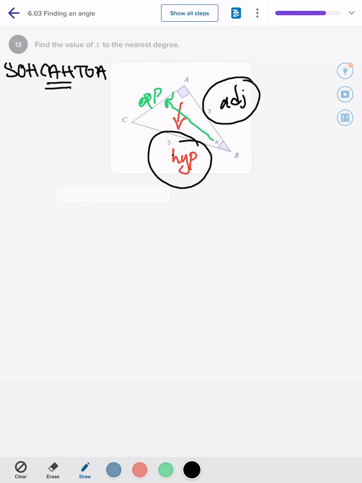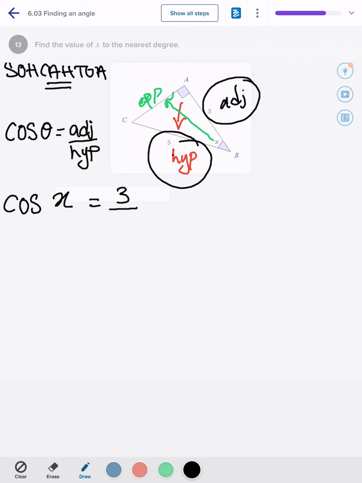This is evident in cos. So cos theta equals the adjacent divided by the hypotenuse. Cos theta at the moment is represented by x, so x equals the adjacent, 3, over my hypotenuse, 5.